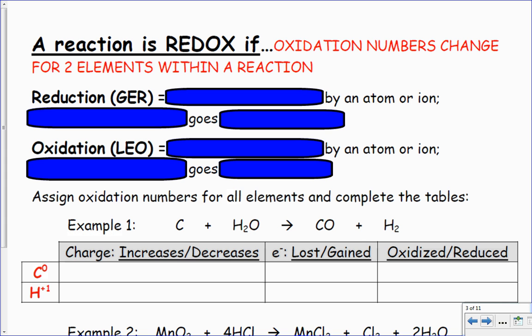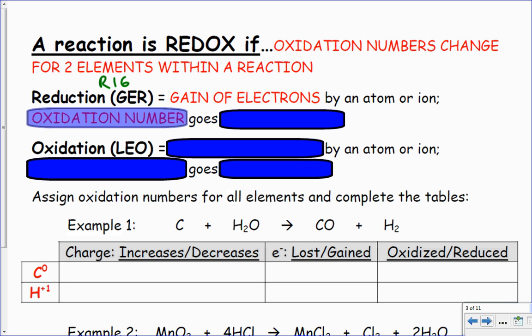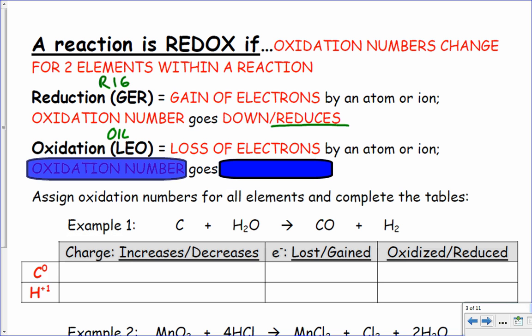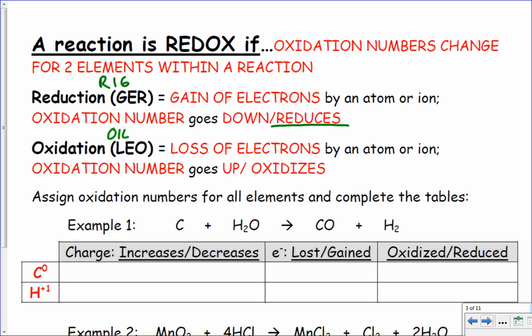Reduction, or the RIG, or GER, is the gain of electrons by an atom or an ion, and the oxidation number goes down, or reduces. Oxidation, or LEO, in this case OIL, is the loss of electrons by an atom or ion, and the oxidation number goes up.